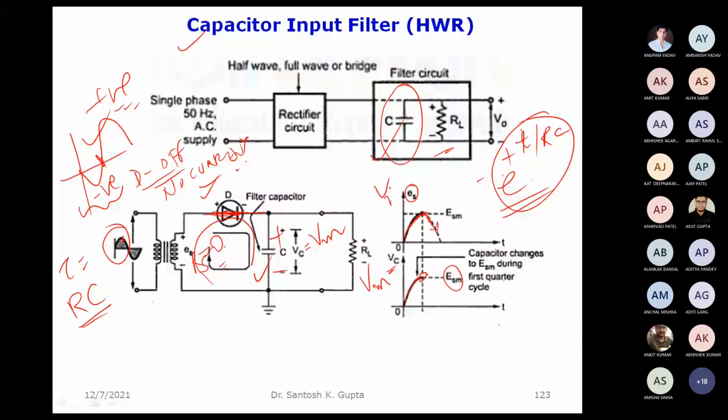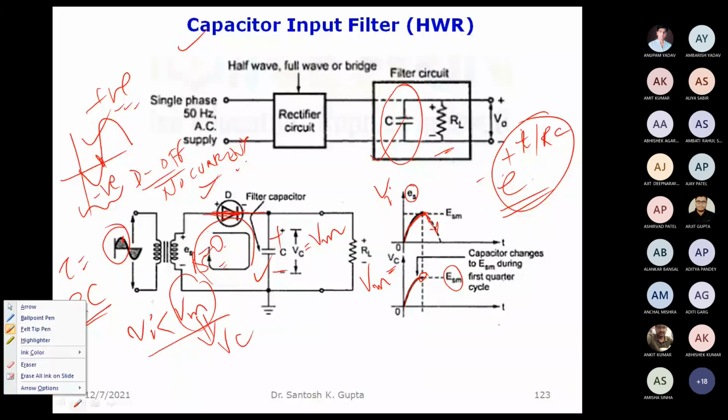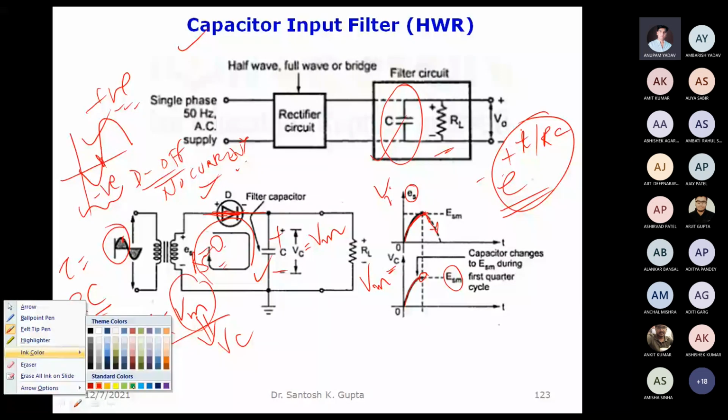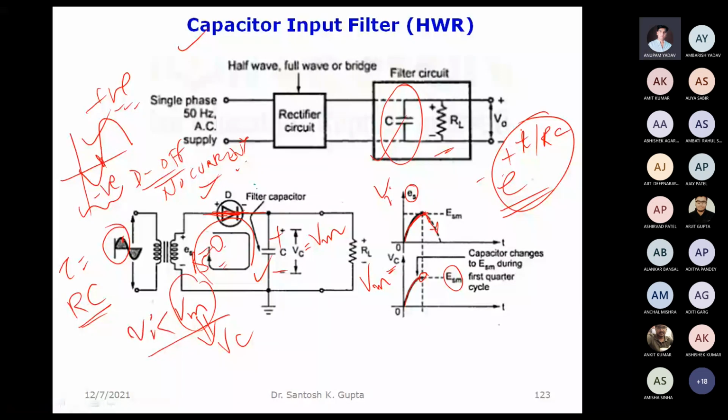What it means here is that the input is now less than VM. If we look at the magnitude of the input signal as compared to VM, what is VM now? This VM is the voltage to which the capacitor has charged. So we have a large potential on the N side and a small one on the P side.